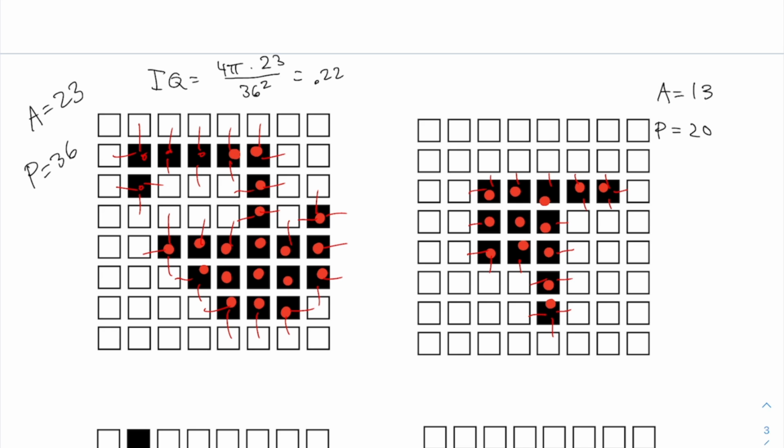Everything that's exposed to the count. So you count 1, 2, 3, 4, 6, and then you wouldn't count this one, you just count this one.